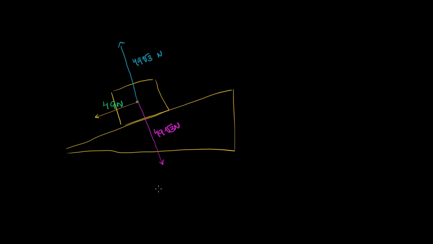And now, instead of assuming that this block is stationary, let's assume that it's moving with a constant velocity. So now we're dealing with a scenario where the block has a constant velocity. And for the sake of this video, we'll assume that constant velocity is downward.